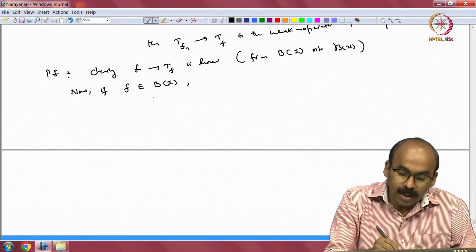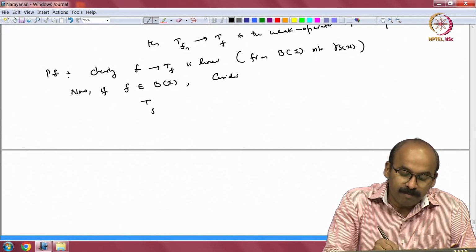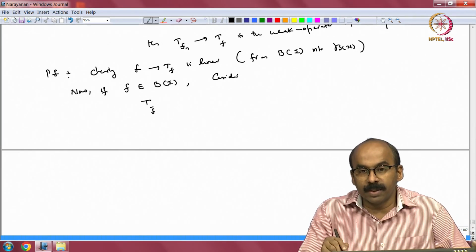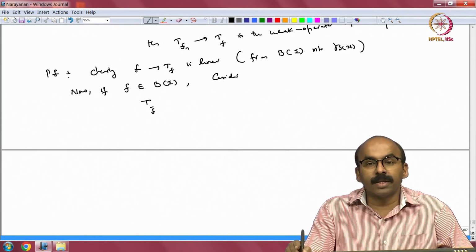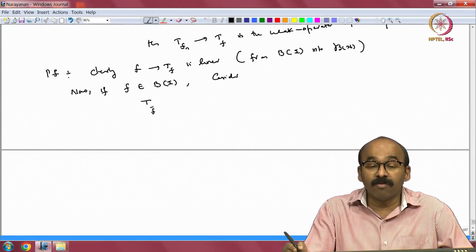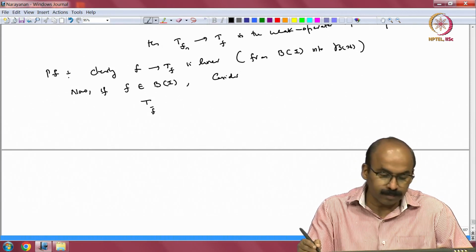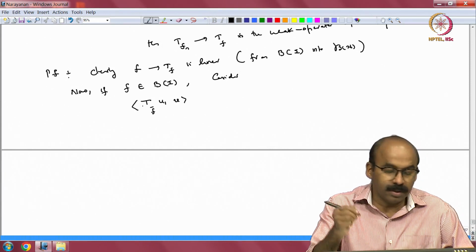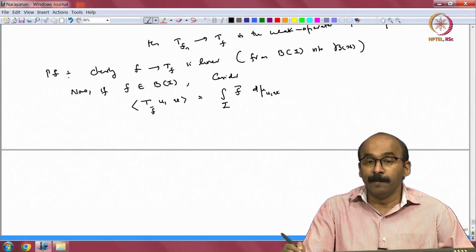So, let me consider T_(f bar), where f bar is the star operation in B(sigma). I want to say that it goes to the star operation on the other side, that means T_(f bar) should be the adjoint of T_f, that is T_f star. So, I compute this using the definition. This is equal to the integral over sigma of f bar d mu_(u,v).